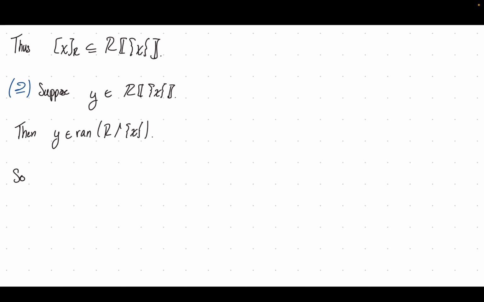So there exists some x in the set containing x such that x comma y is in R.